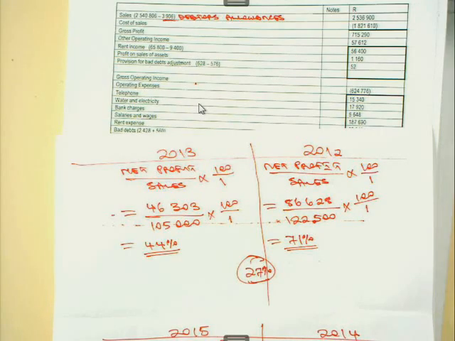Yes, in monetary terms, it tells you that for every 1 rand that we are selling, our profit in that 1 rand is 71%. Then it declined to 44%, which says for every 1 rand of sale, we are now earning 44 cents.